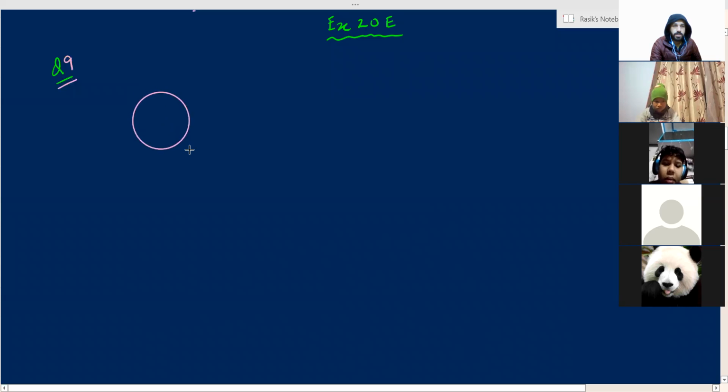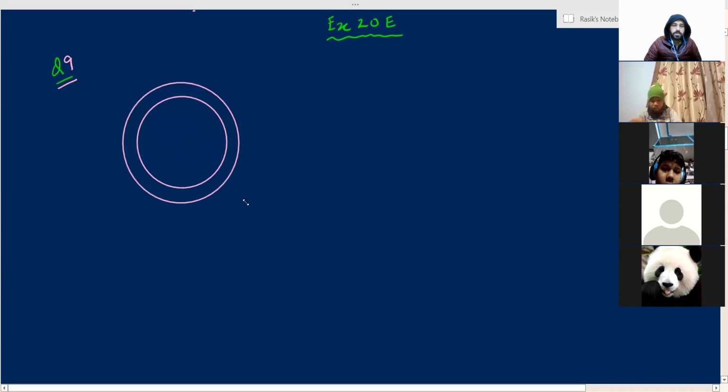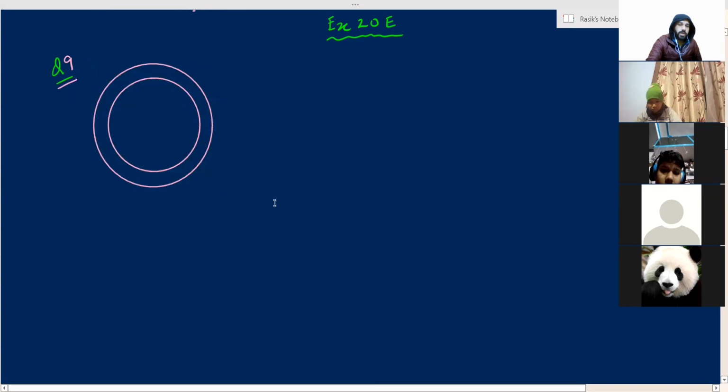Concentric circles are circles which have the same center but different radius, like these two circles. Since they have the same center but different radius, they form a ring. Can you see it is looking like a ring?